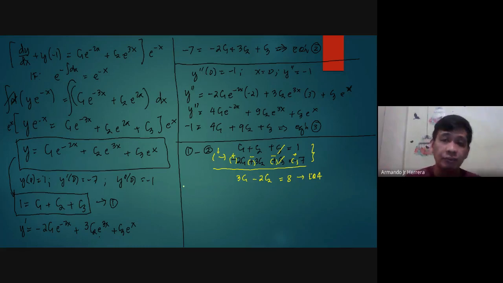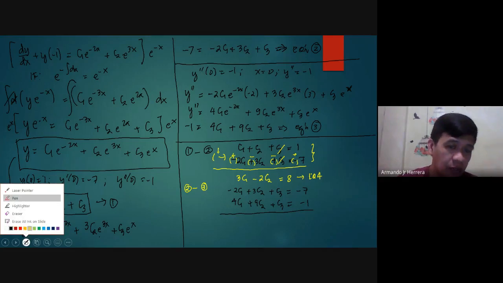Then let's subtract equation 2 minus equation 3. What is equation 2 minus equation 3? Equation 2 is negative 2c1 plus 3c2 plus c3 is equal to negative 7. Subtract equation 3, that's 4c1 plus 9c2 plus c3 is equal to negative 1. So again, let's subtract.